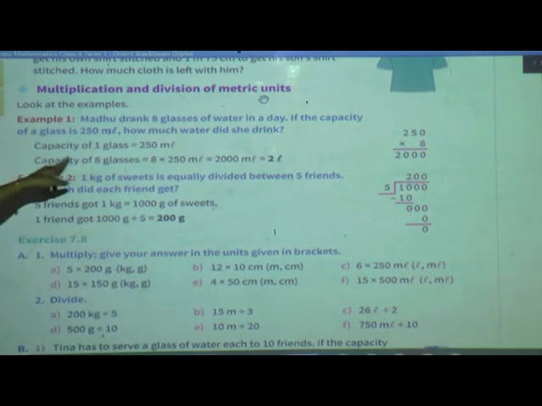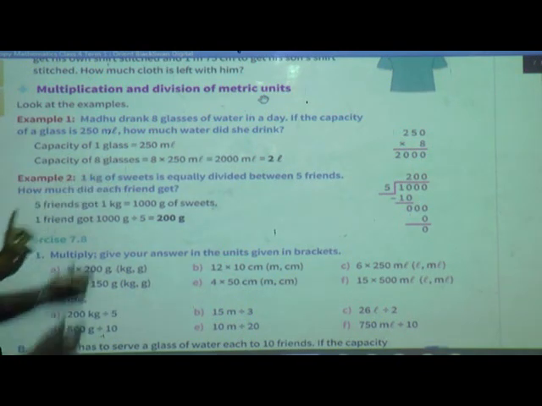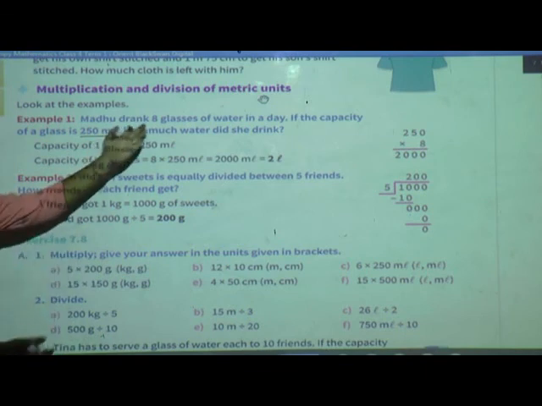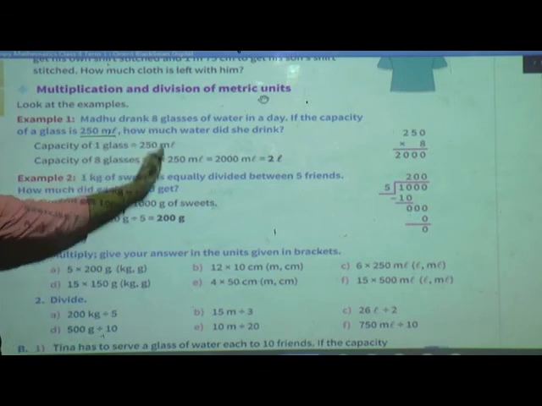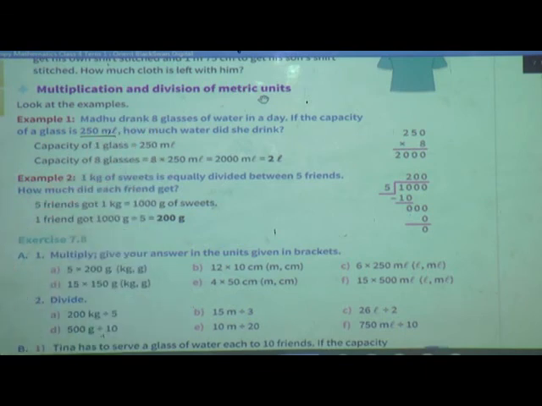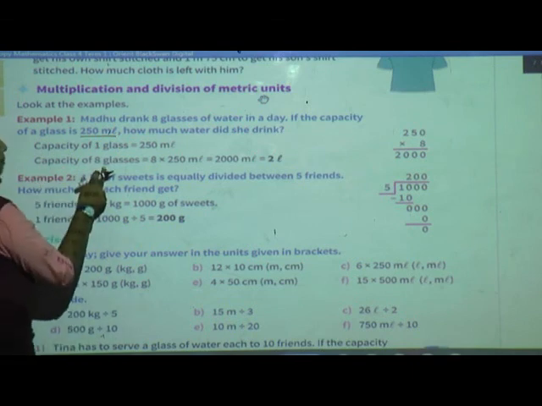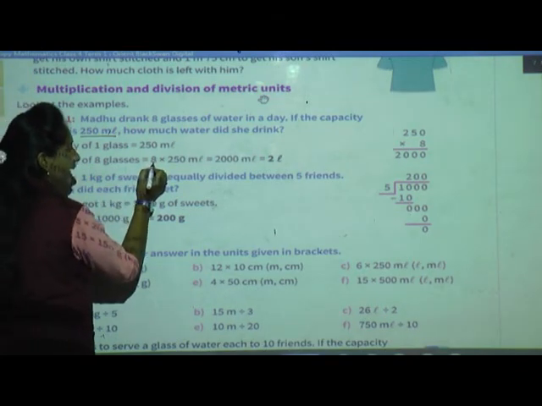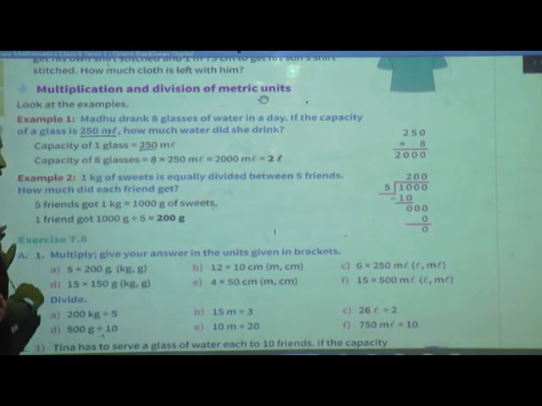So, the capacity of one glass, how much they are given? 250 milliliter, isn't it? So, we have to add 250, 250, 250, how many times? 8 times. So, repetition of addition shortcut is multiplication. So, what we do? To find out 8 glasses, we have to multiply 8 by 250.